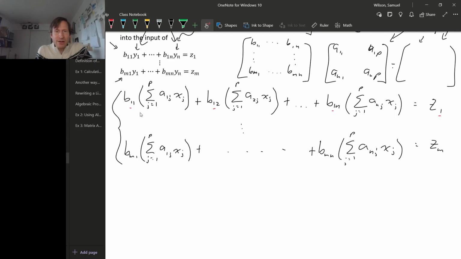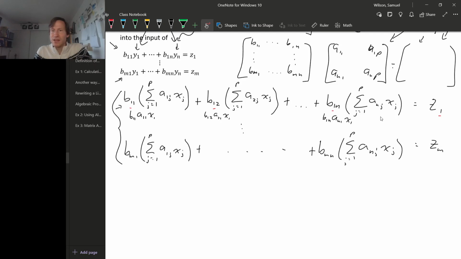So in this very first term, there's an x sub 1 term that looks like b11 a11 x1, right? And then over here, there's an x sub 1 term. It's b12 a21 times x1, and so on up to this last term. There's a term that looks like b1n an1 x1.